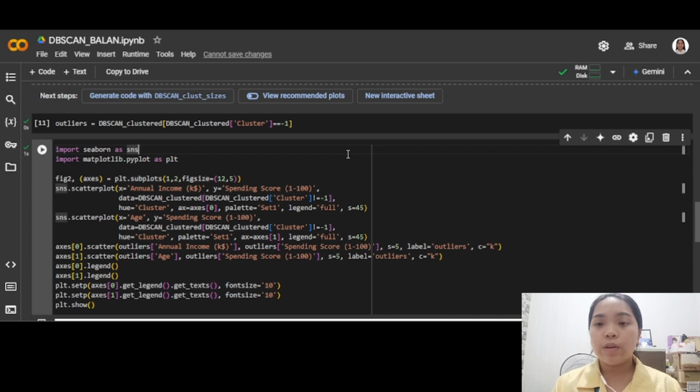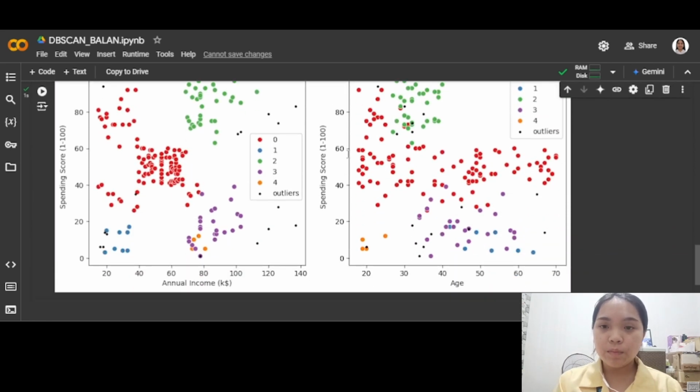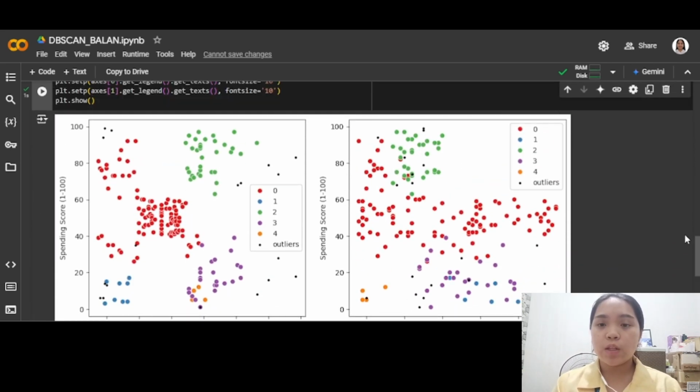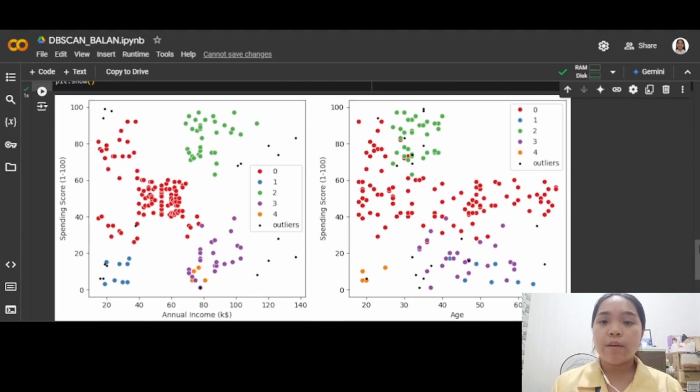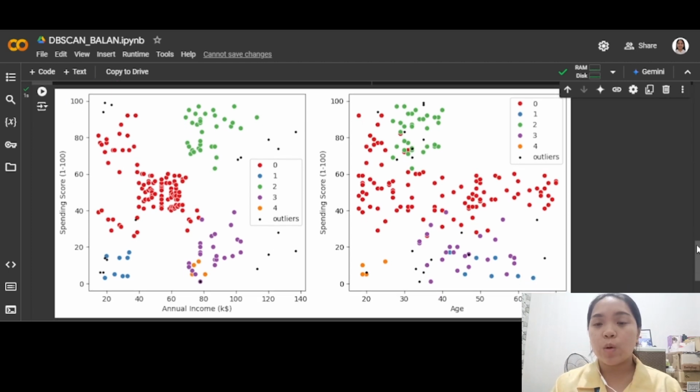This code visualizes the clusters and outliers identified by the DBSCAN algorithm, allowing us to observe the relationships between different features, which are the annual income, age, and the spending score, and the cluster assignments. So these visualizations help us identify groups with high spending scores and varying income and age.